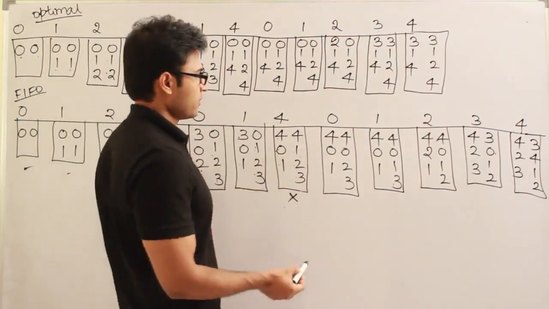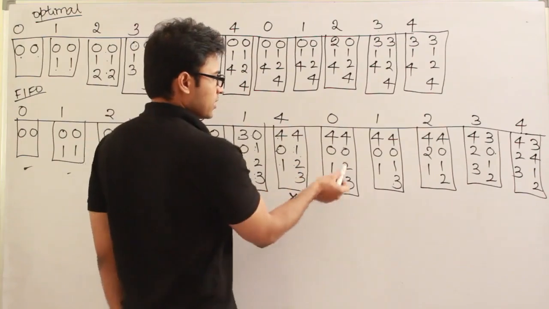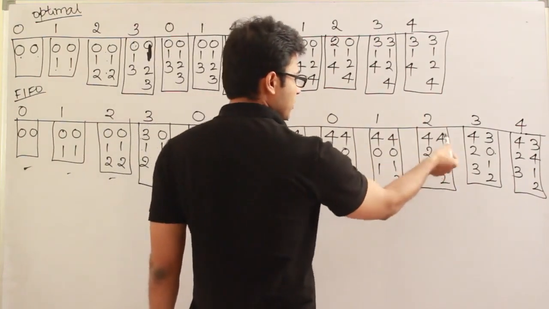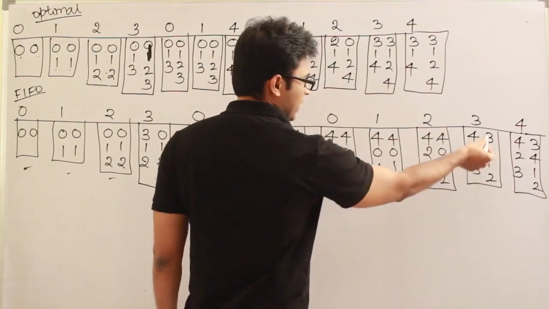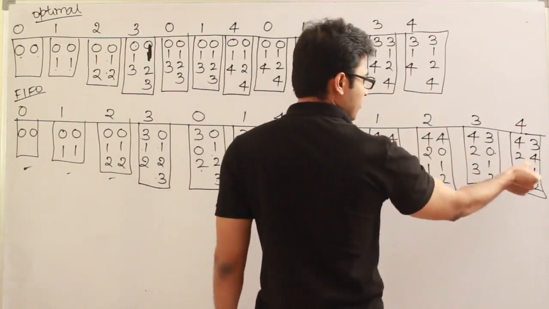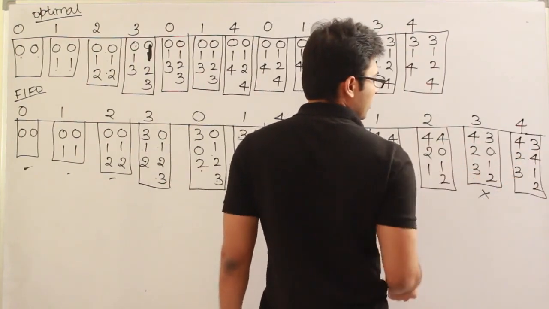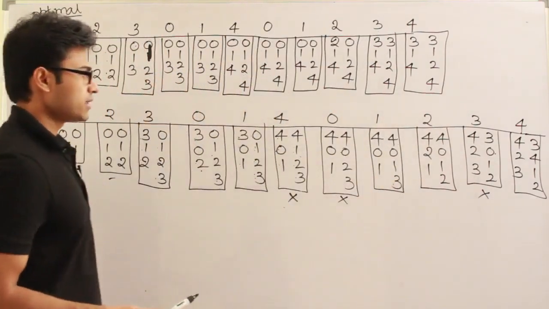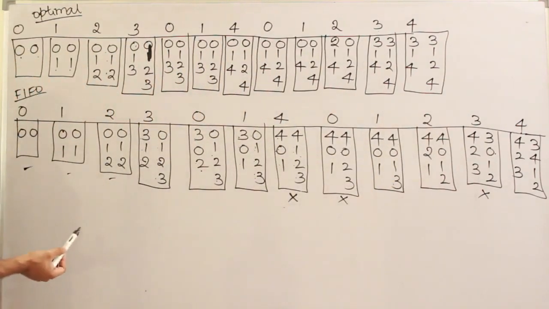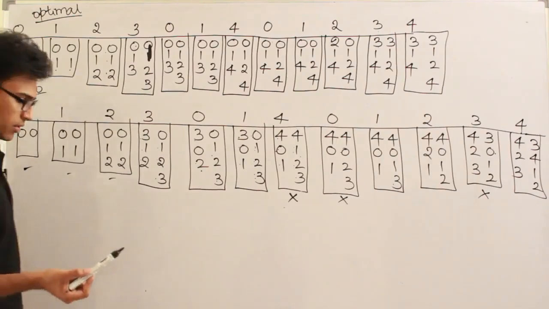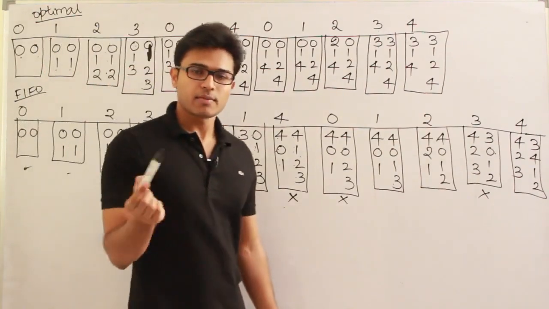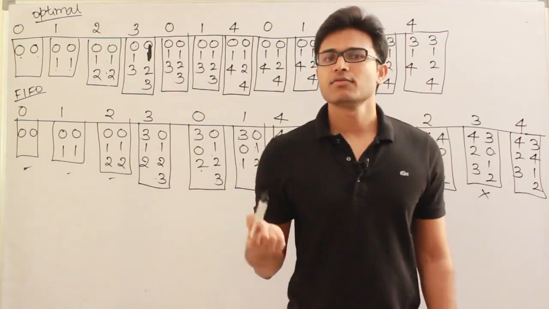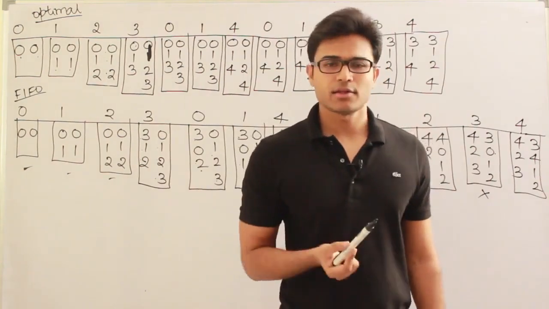In fact here also, 4 0 1, but here 1 is missing, not following, right? 4 0 1 is there, 4 2 1, okay fine, 4 2 3, 4 is not there, right? And again 4 2 3, yeah, 4 2 3 is there. But anyway, there are some cases in which it is not following the stack property. Therefore FIFO, for some examples, might not follow the stack property. That is why FIFO is showing Belady's anomaly.